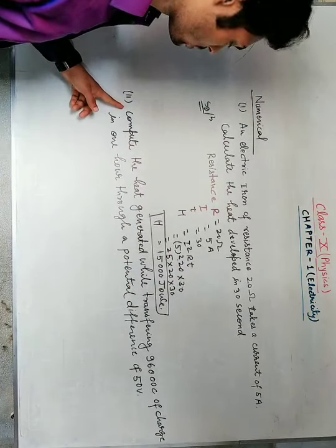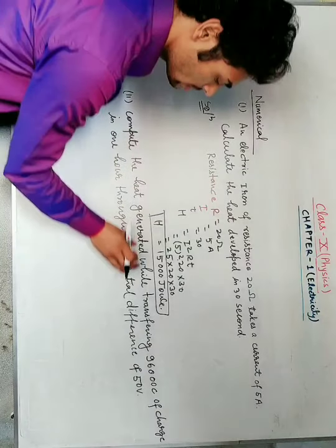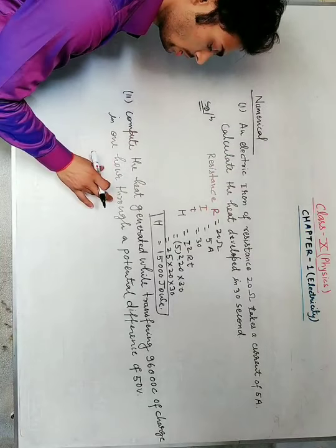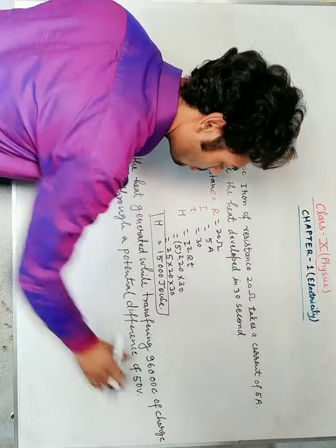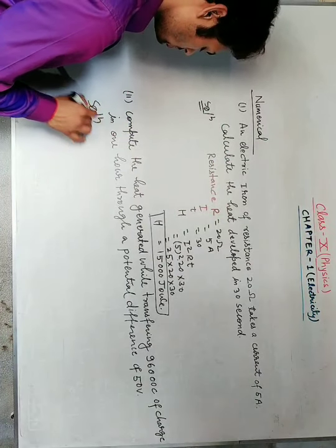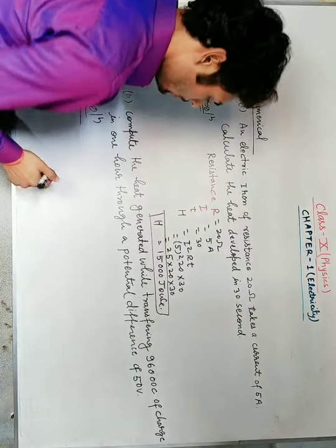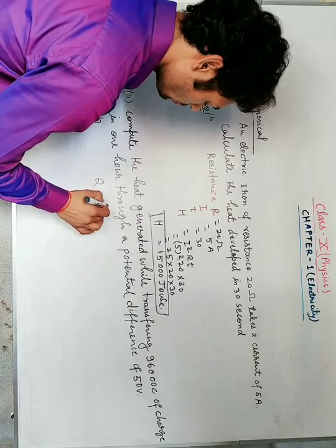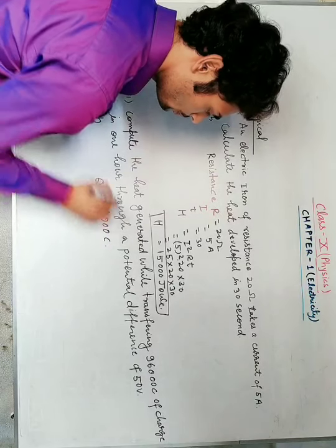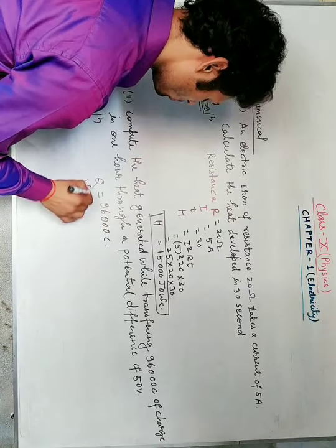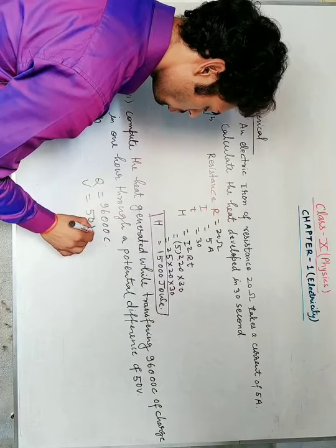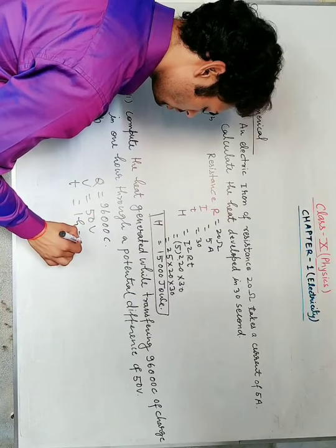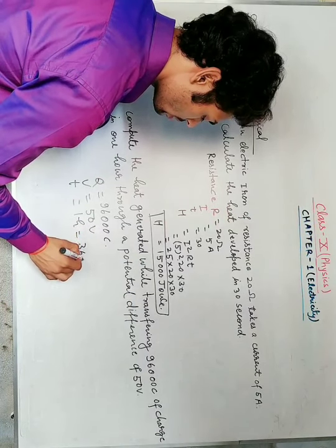Okay, and next numerical: compute the heat generated while transferring 96,000 coulomb of charge in 1 hour through a potential difference of 50 volt. Then let us solve this numerical. Charge Q equals 96,000 coulomb, and potential difference V equals 50 volt, and time T equals 1 hour equals 3600 second.